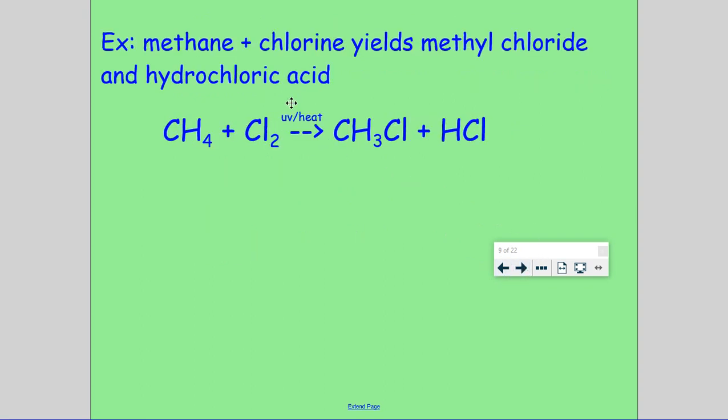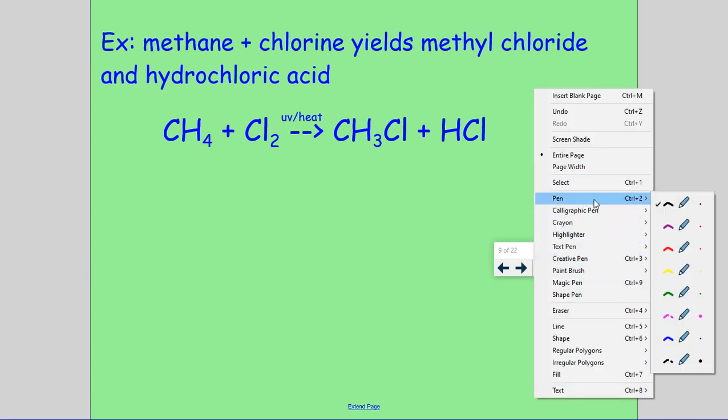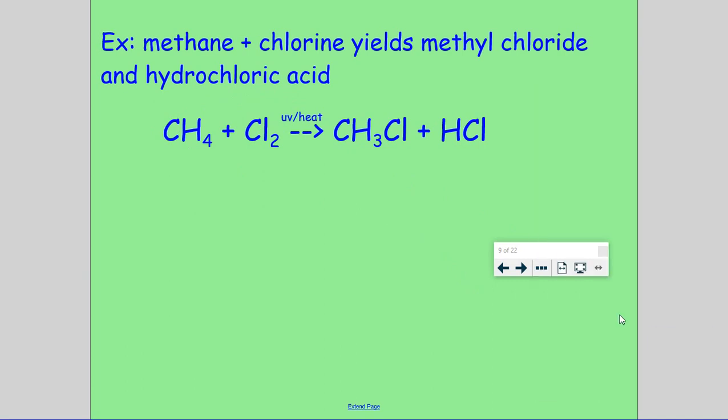So here's an example. Here we have methane. Let's get out a pen. Okay, so here we have methane, and the molecule looks like this. Right, in the presence of chlorine gas, your catalysts required are UV and heat. Now we'll briefly talk about the mechanism in the next slide, but you need one of these for this reaction to take place.